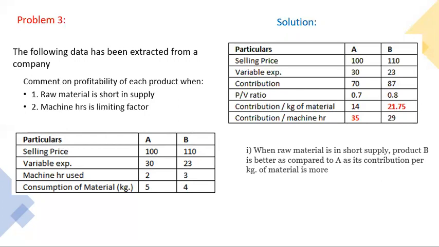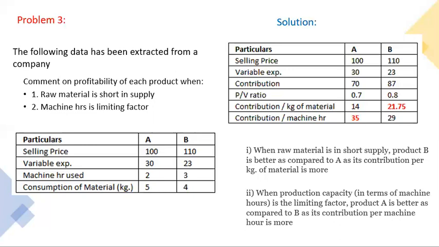It is giving the higher value. When raw material is scarce, we have to decide on the product which gives the higher contribution per kg of material. Now, when production capacity in terms of machine hours is the limiting factor, product A is better as compared to B, as its contribution per machine hour is more, as you can see from the table.